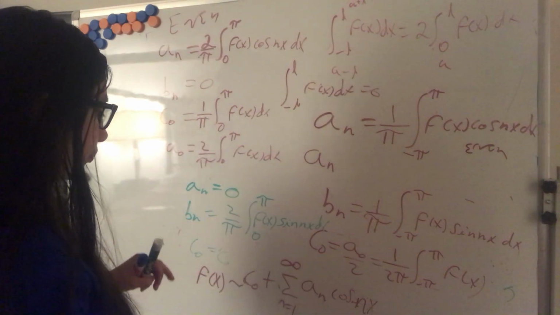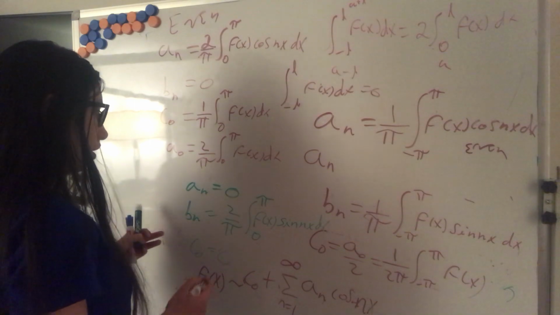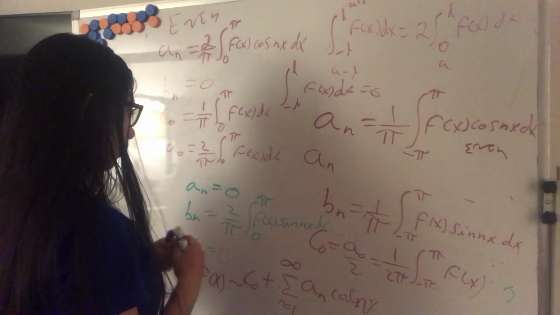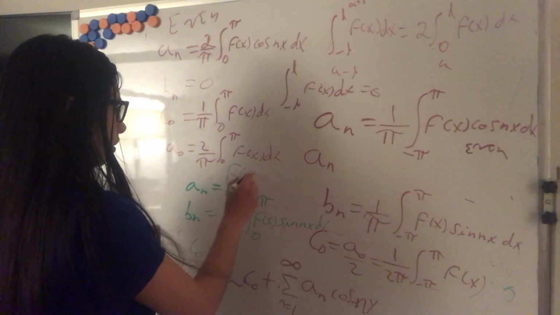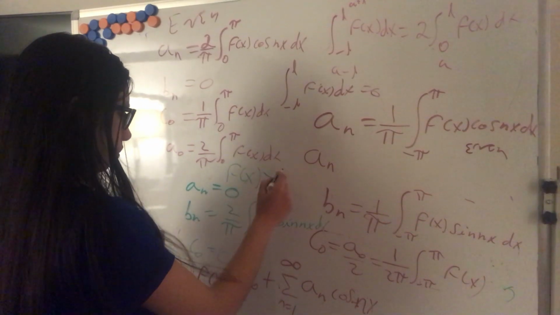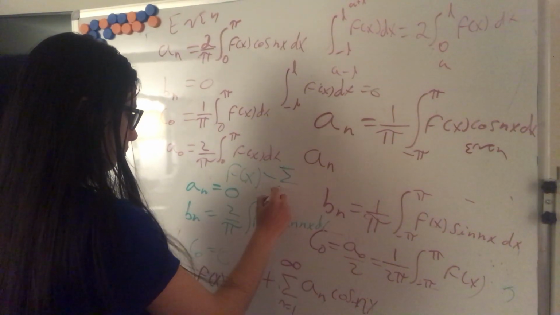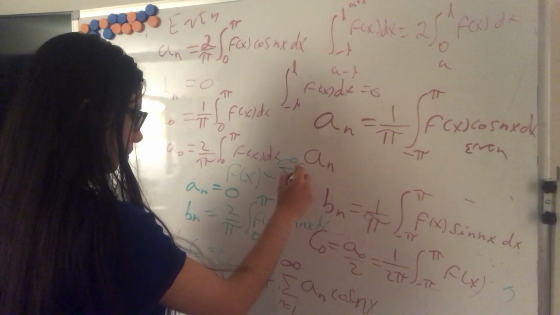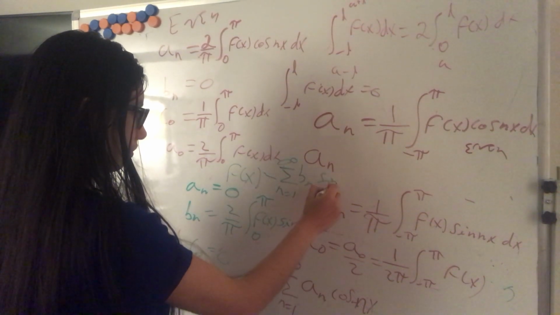And for an odd function, I would just have that f of x is approximately equal to the summation from n equals 1 to infinity of b sub n sine of nx.